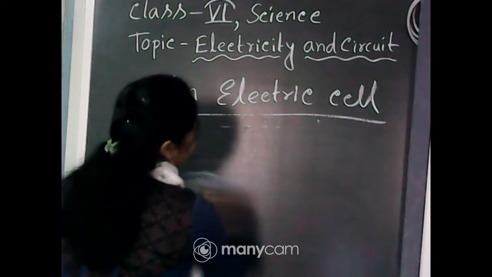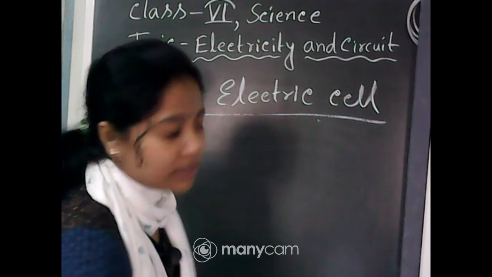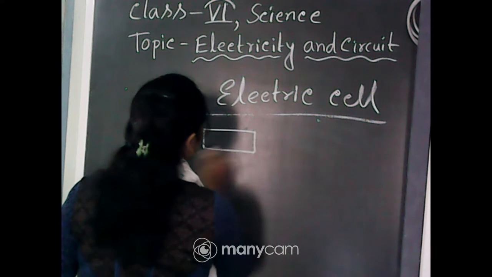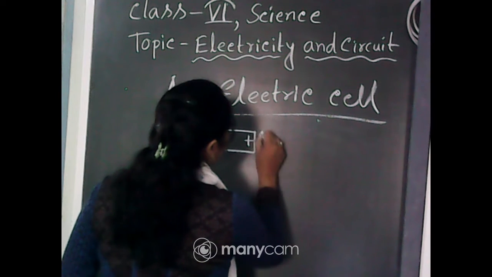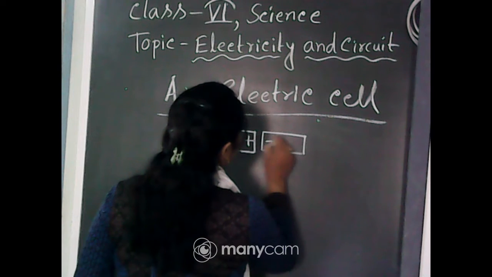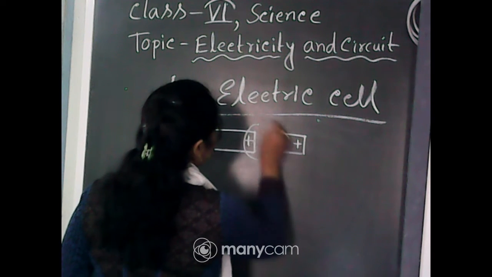I am just drawing for your proper concept: assume this is an electric cell having a positive end and negative end, and there is also an electric cell having a negative end and positive end. This is the metal cap and this is the metal disc.